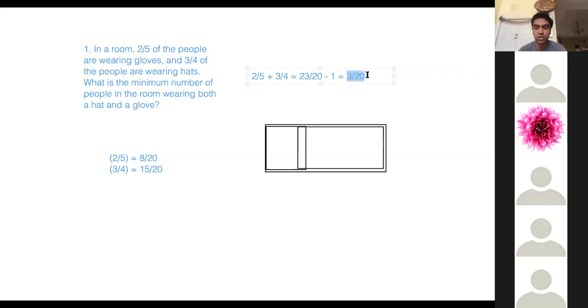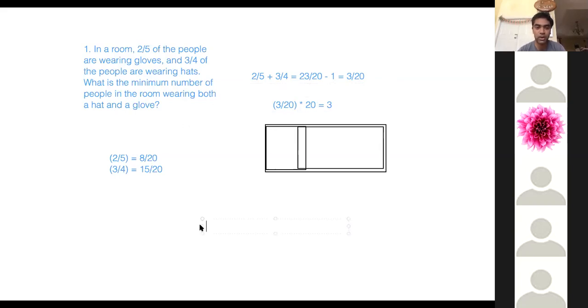So if we think about 3 over 20, what is the smallest room such that there's an integer number in both, wearing gloves and wearing hats? So if my room is 20 people, then I would just multiply 3 over 20 by 20 and get 3 as my overlap.